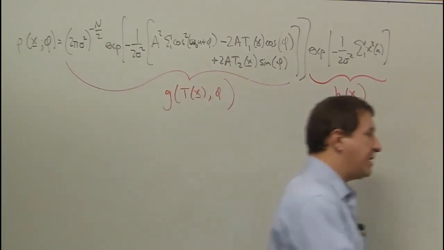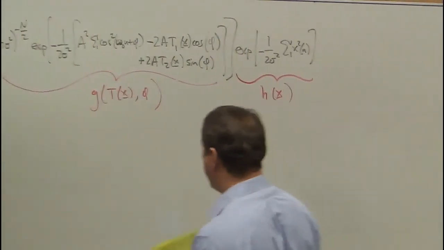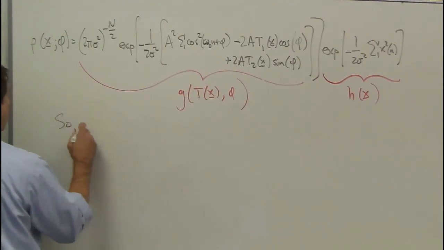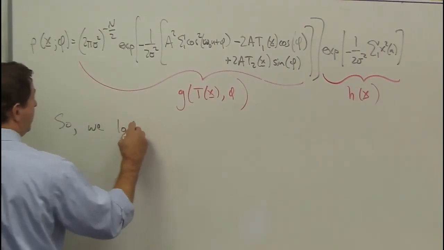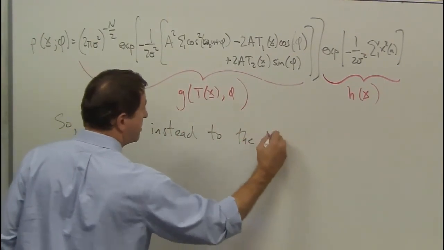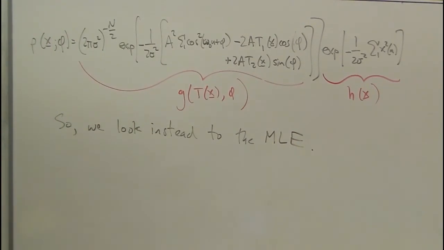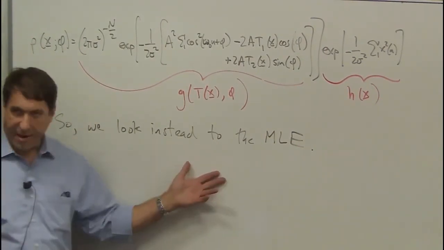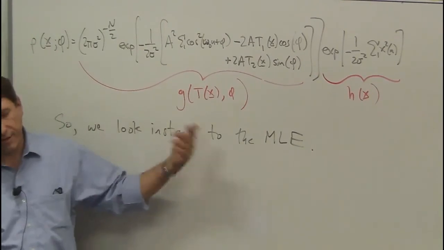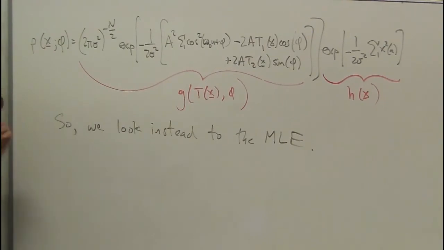So what we do instead is look for the maximum likelihood estimate, with all the various properties of the maximum likelihood estimator that we know, so that if there does exist an efficient estimator, it's going to give us one that achieves the Cramer-Rao lower bound.